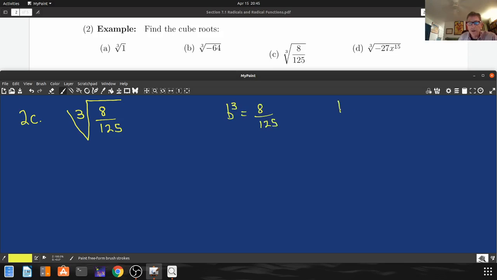So let's try b is equal to 2/5. Then b cubed is equal to 2/5 cubed by an exponent property. 2 cubed is 8, and 5 cubed is 5 times 5, which is 25, times 5 again is 125.